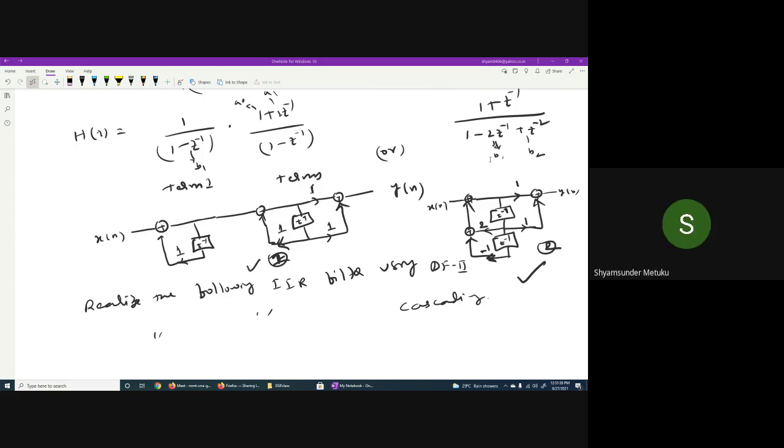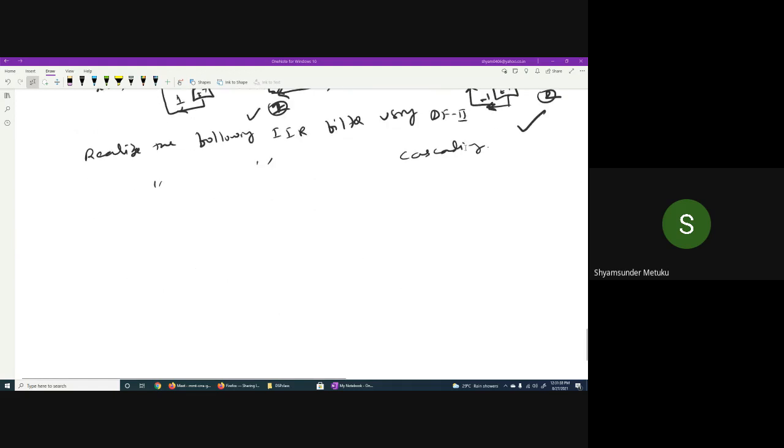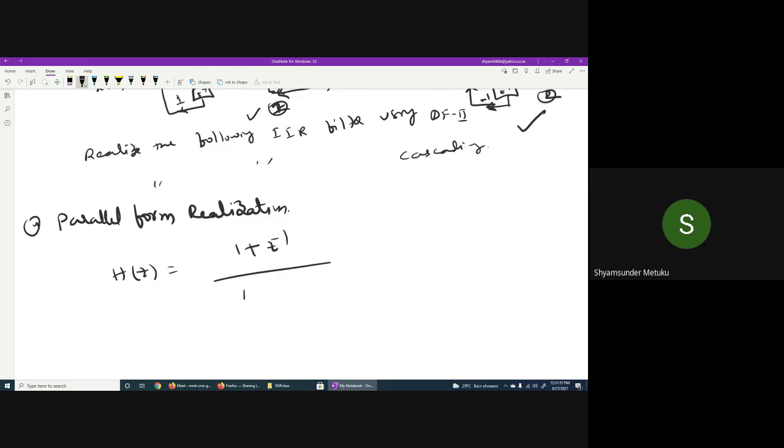Okay, fine. Now the last one I'm trying to explain, which is parallel form realization. I think this is the fourth one. Same example I'll take. H of z is equal to 1 plus z inverse by 1 minus 2 z inverse plus z power minus 2. This is what is given, and you did a factorization: 1 plus z power minus 1 divided by 1 minus z inverse squared, isn't it?